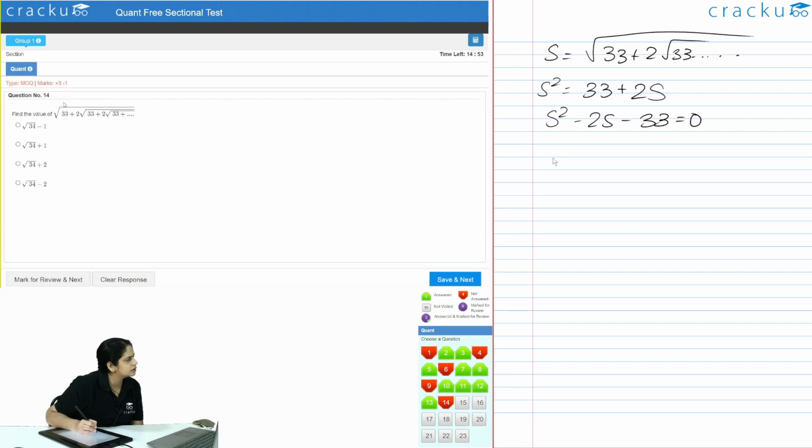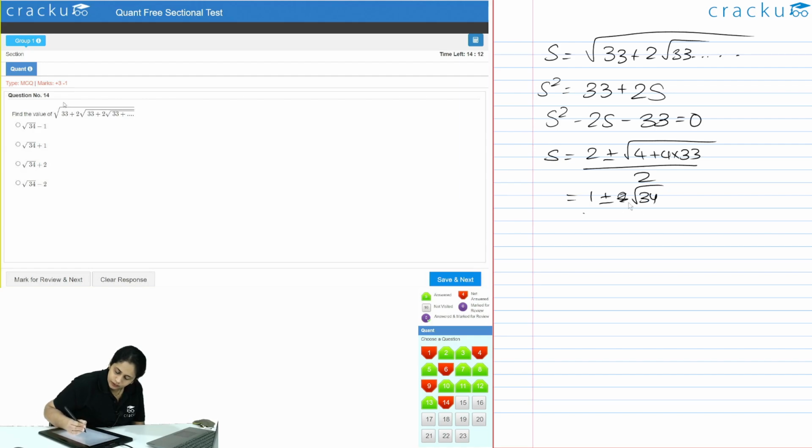So no. Positive, this is 1 plus root 34.